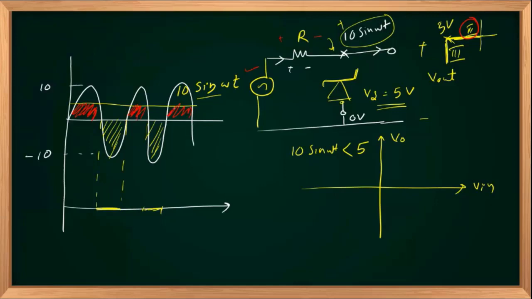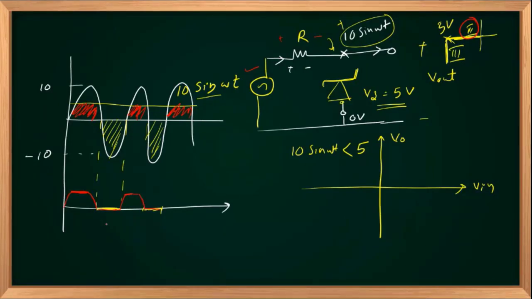So it will have the same shape. Input is rising from 0 to 5. Here it is coming down to 5, and this is at 5. This is 0 as we discussed. It is going up to 5, then comes down to 5.